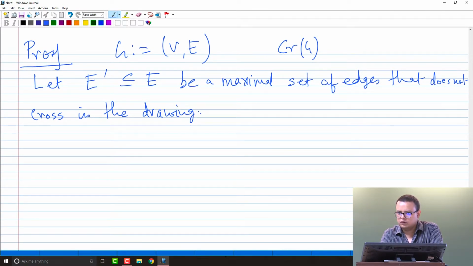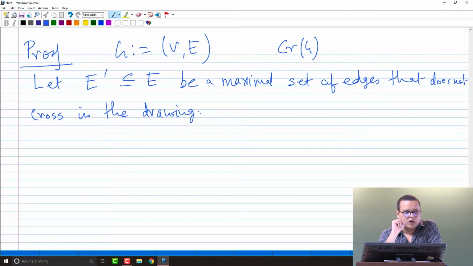Maximal. So, what do I mean by that? In this set, if I include one more edge from E, I will intersect some edges from E prime, the way it is currently drawn in the plane.